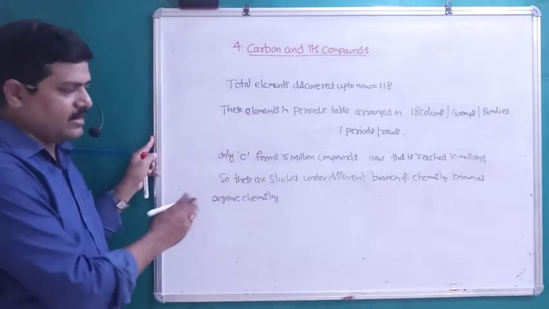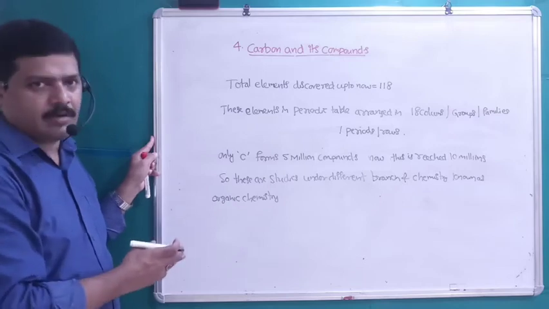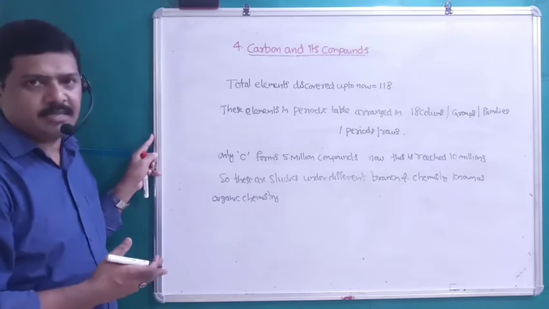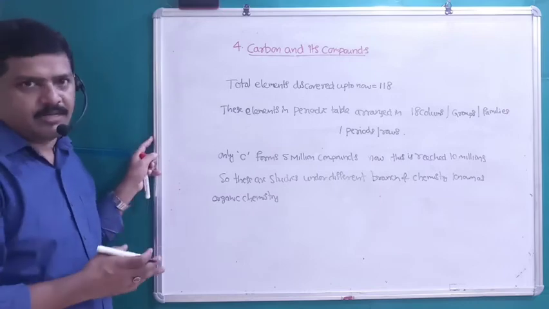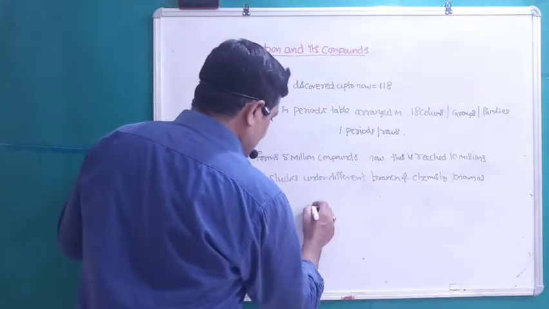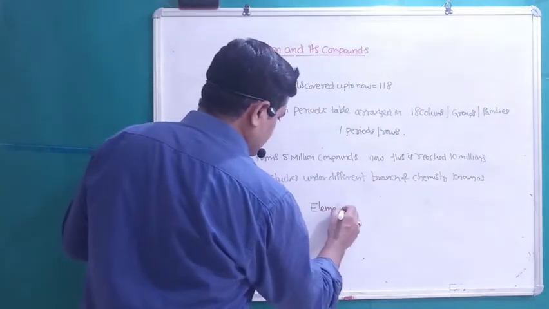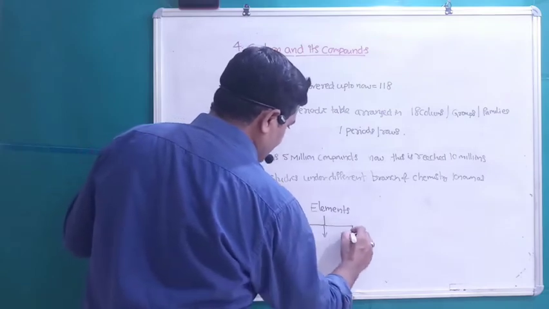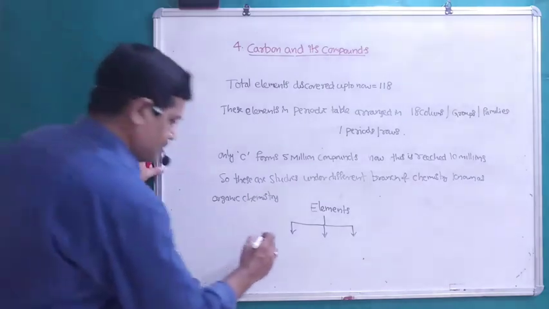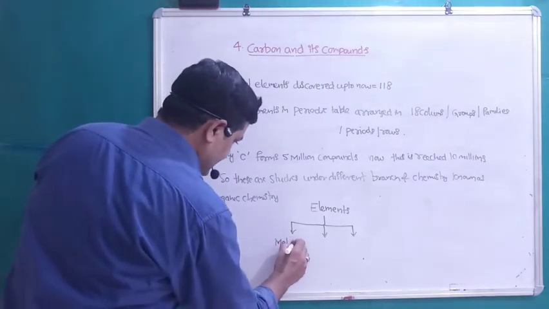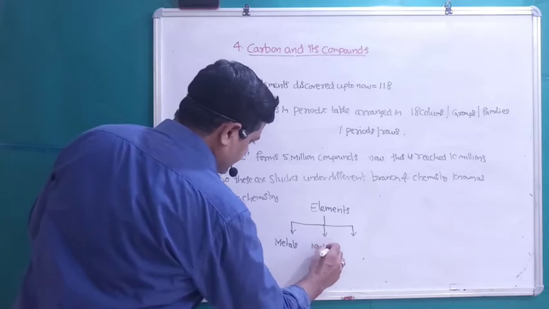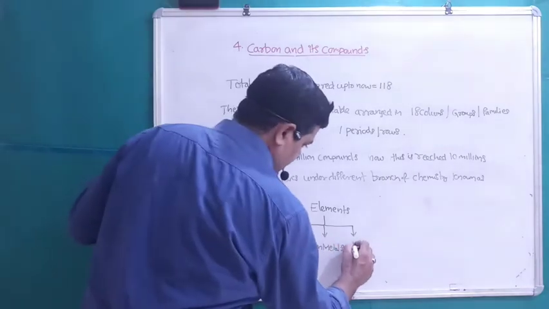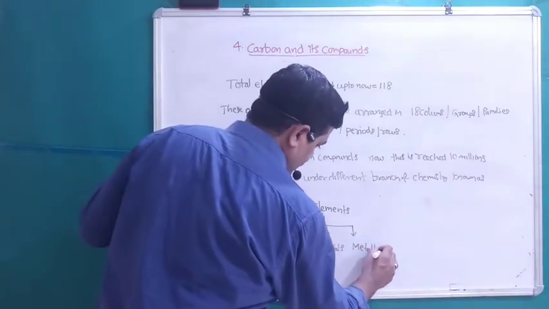Students, before entering into the topic carbon and its compounds, let us learn some basics. By knowing those basics, we can better understand the chapter, right? The total 118 elements can be classified into three types. One is metals, another is non-metals, and the elements which have both properties are called metalloids.